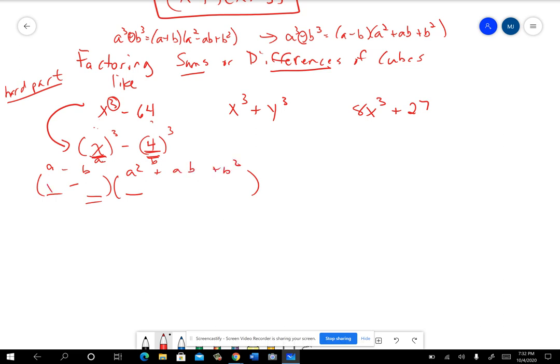So if A is x, we put an x. Then we have minus B, which is a 4. A squared would be x squared. Then take your x times your 4, but you typically write the number first, so I'll flip that around. Then take the B, which is 4, and square it, okay? And then you just clean it up a little bit, and you'll be done.